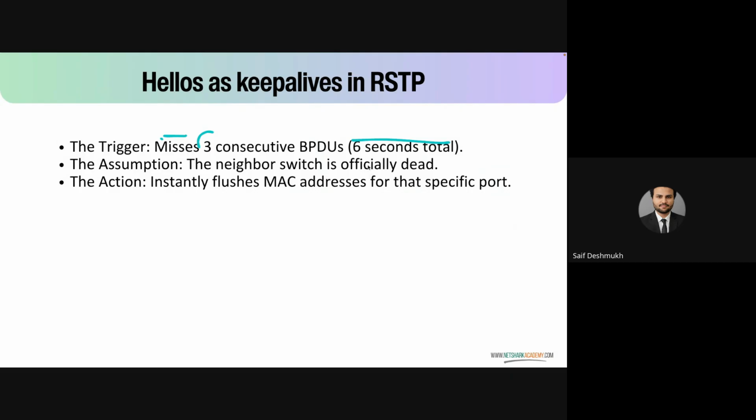It's no more available. And it instantly flushes the MAC address for that specific port. This is a secondary mechanism to make it faster. We don't confirm. We waited 6 seconds, that is more than enough to confirm. That's why it's called rapid spanning tree.